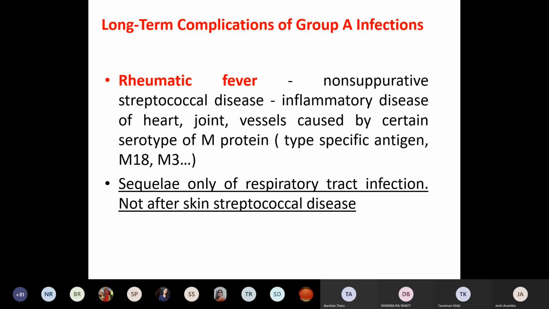So streptococci are responsible for a variety of infections, as we said. Many of them are commonly associated with respiratory infection and skin infection.